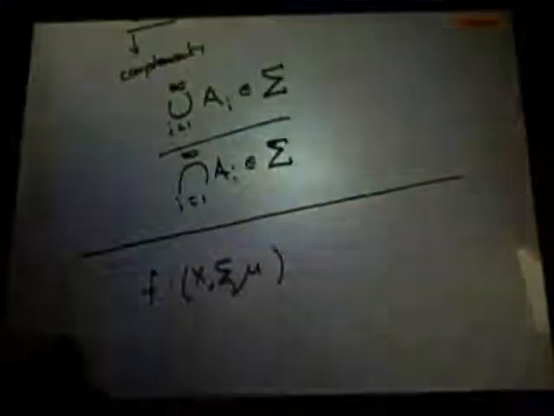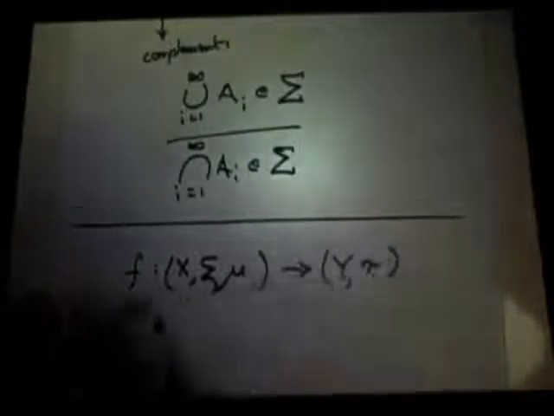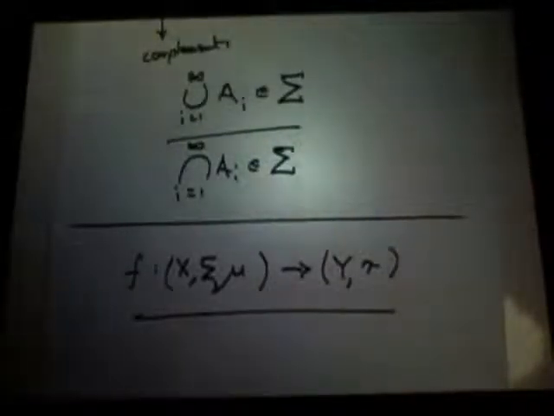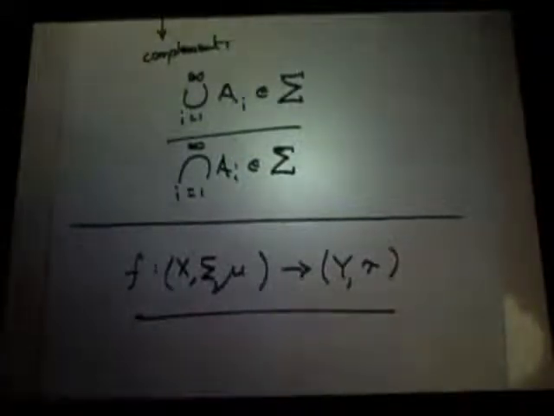A little bit. Okay. This is the notion of a measurable function. If you have a function from a measure space to a topological space, you say that the function is measurable if the pre-image of an open set is a measurable set.